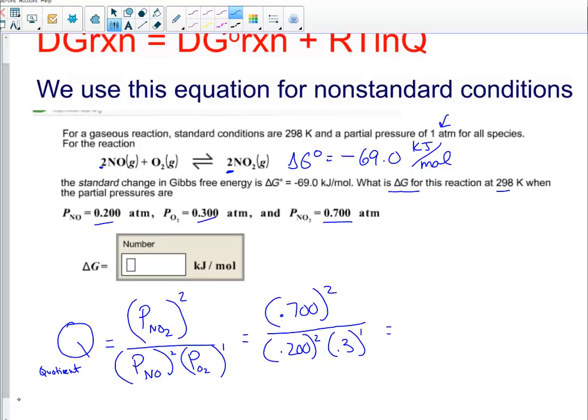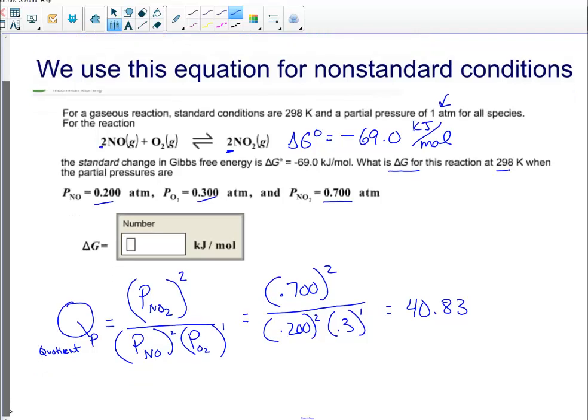Let's solve for Q, the reaction quotient, in partial pressure units of atmospheres. 0.7 squared divided by 0.2 squared and 0.3. 40.83, no units on the reaction quotient. It's just a ratio of products over reactants. But now I can use that to solve for the non-standard states.